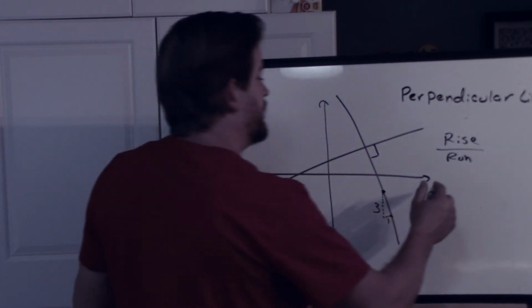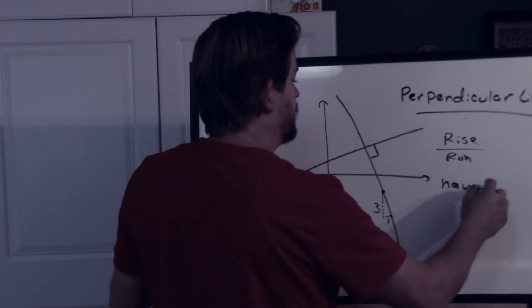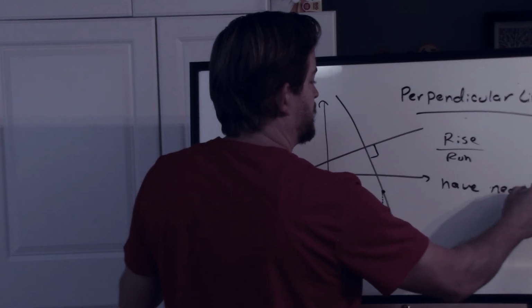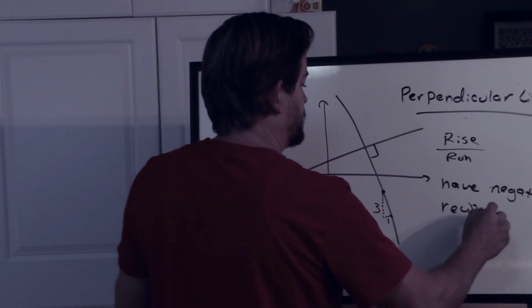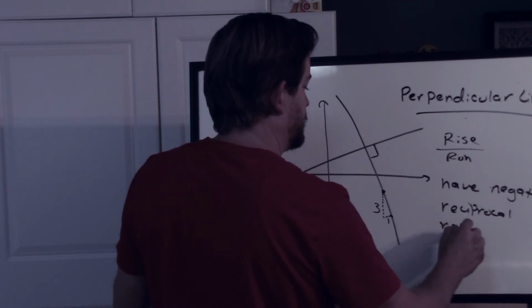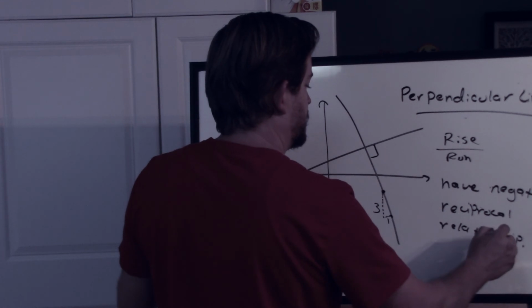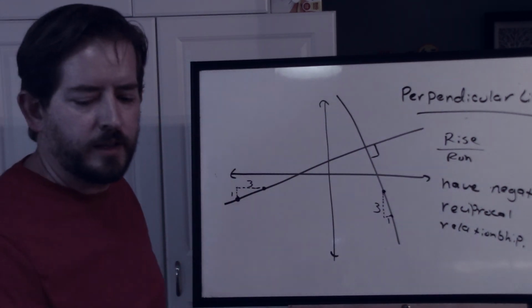So that is to say, these perpendicular lines have a negative reciprocal relationship. Okay. I'm going to erase this and write it a little bit better, more mathematically.